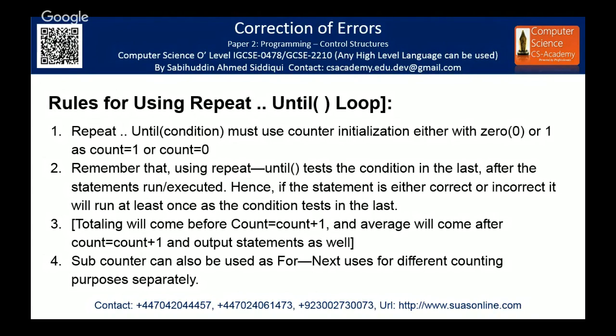Whatever is written in this statement will execute at least once, because the condition is tested at the last. So you must be well aware of using this to run the counter to match the counter values. You have to be very careful.